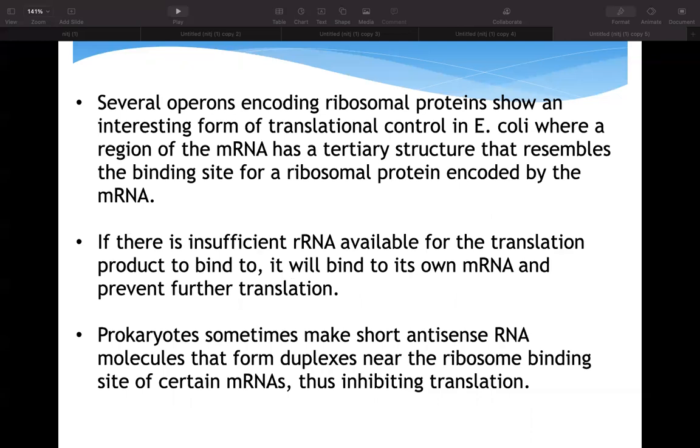When there is insufficient rRNA available for translation, the protein product will bind to its own mRNA, which prevents further translation. In prokaryotes, sometimes a duplex forms near the ribosome binding site of certain mRNAs due to short antisense RNA molecules, thus inhibiting translation.